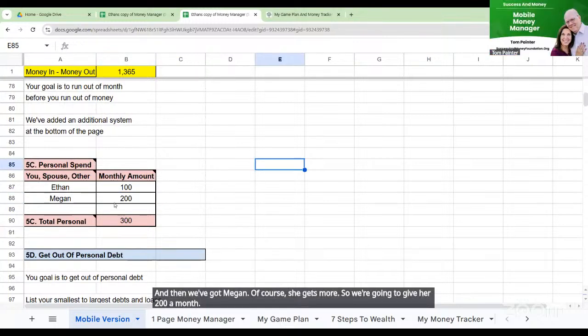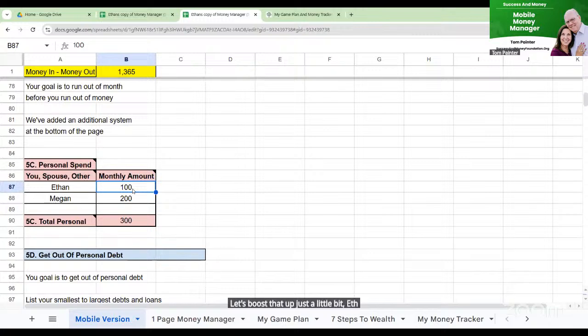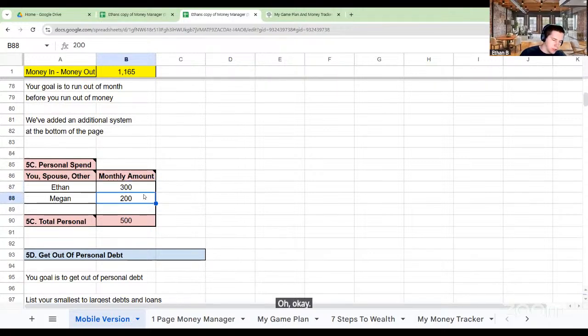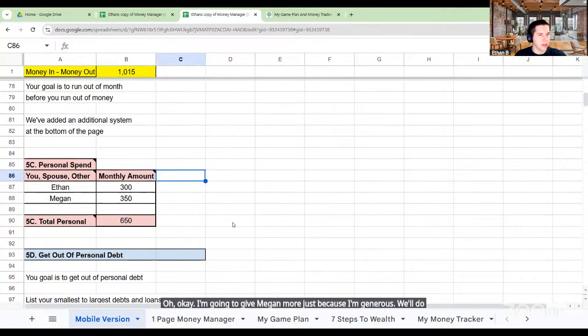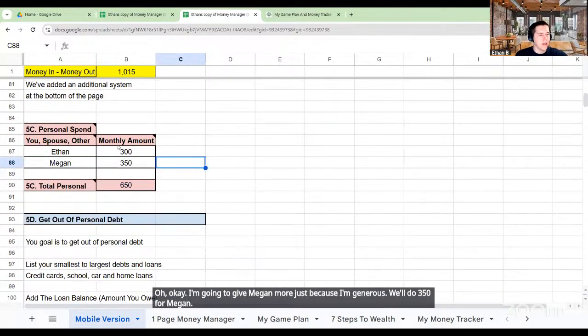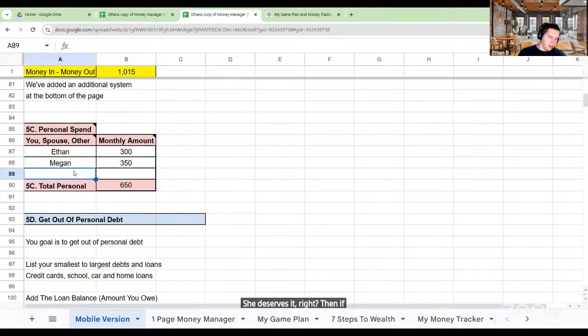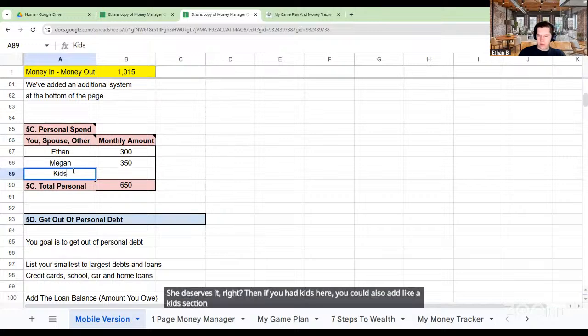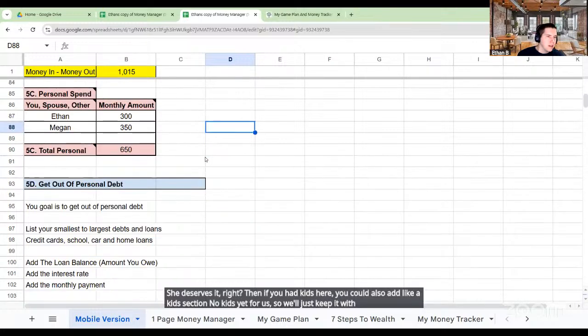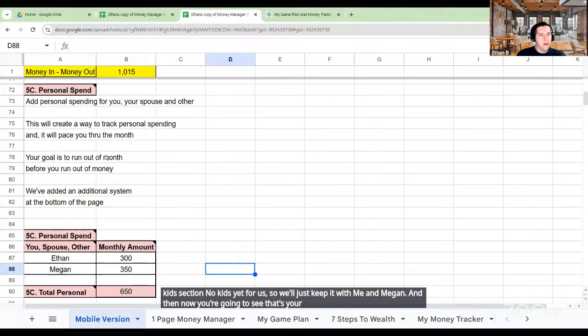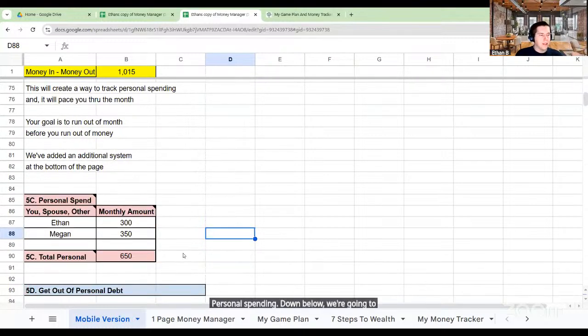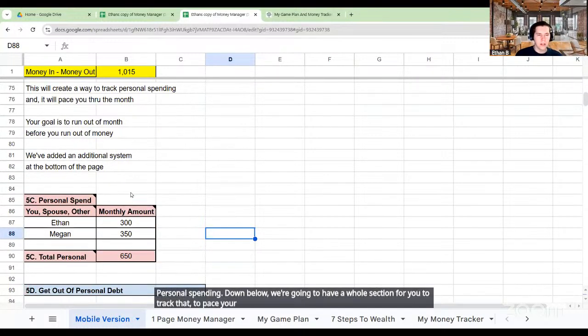Let's boost that up just a little bit, Ethan. Let's do like 300 and 300. Sure, okay. I'm going to give Megan more just because I'm generous. We'll do 350 for Megan. She deserves it, right? Then if you had kids here, you could also add a kids section. No kids yet for us, so we'll just keep it with me and Megan. And then now you're going to see that's your personal spending. Down below, we're going to have a whole section for you to track that, to pace yourselves, to see how you're doing throughout the month.